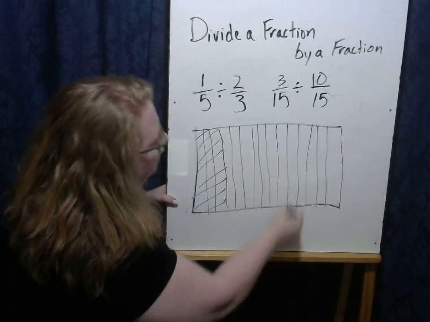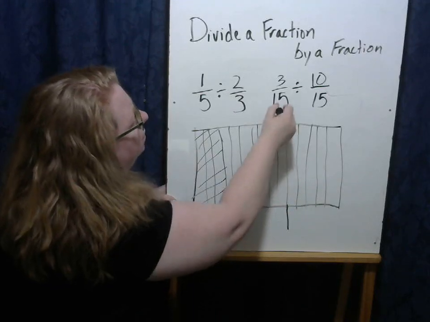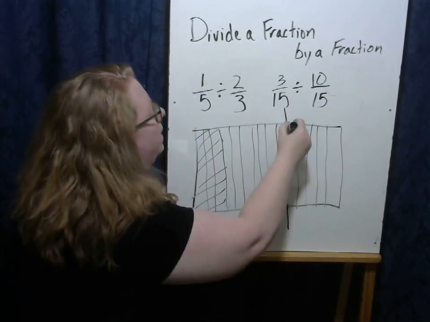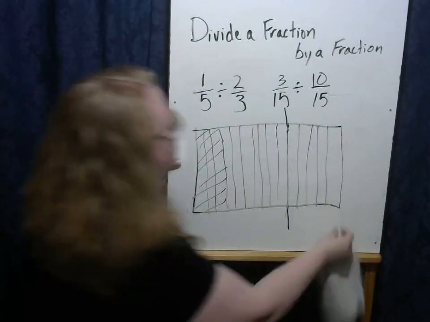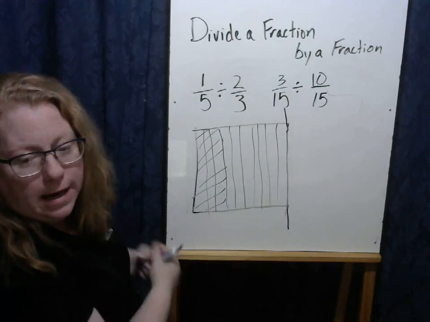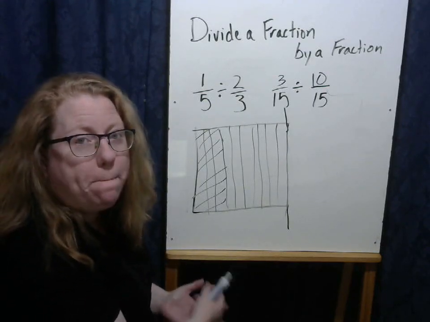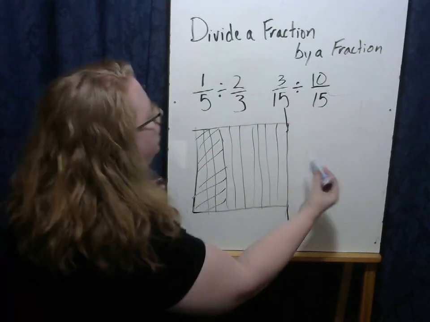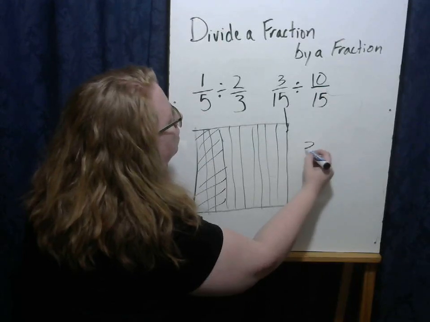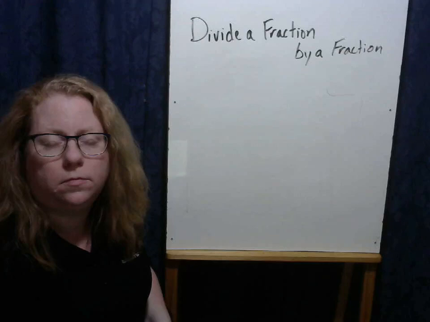And this is where I stop. I'm going to ignore everything after this, and to help me do that, I'm going to erase it. Now, how much is my fraction that's showing now? Well, it's 3/10.